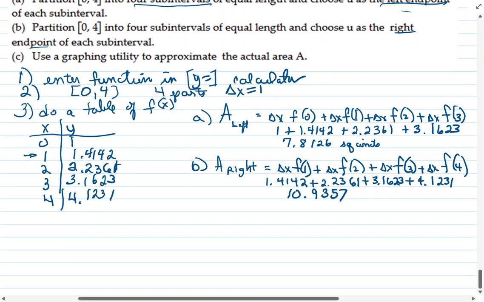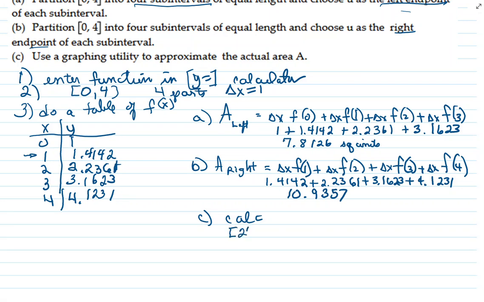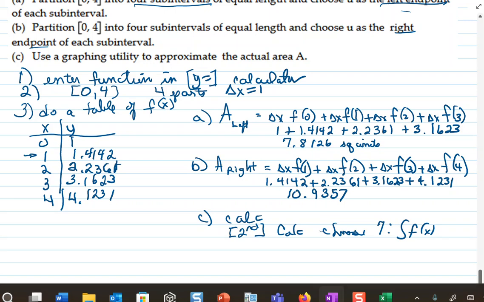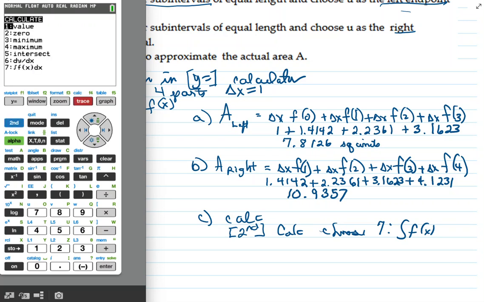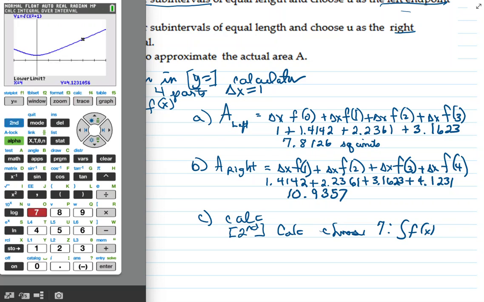Well, the true one is the calculator. And we give it a command. We go second calc, which is that trace key, and we're going to choose number 7. And it's the integral f of x. So let's do that. But we have to graph it. So we're going to graph it. And we're going to go second calc, and we're going to go number 7. And we're going to go from 0 to 4.